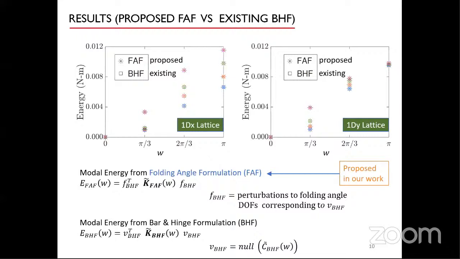For both 1DX and 1DY lattices, we plotted elastic energy against wave vector parameter w calculated for each chosen mode using an existing bar and hinge formulation and the proposed folding angle formulation. The 4 colors in each plot represent the 4 different deformation modes. An exact match in energy from both formulations confirms the consistency of our modeling of rigid panel origami across the frameworks.